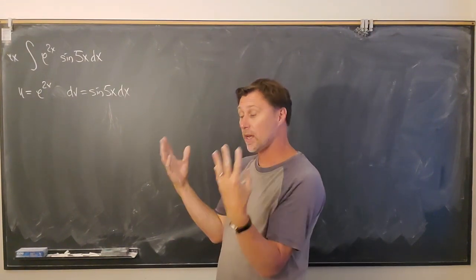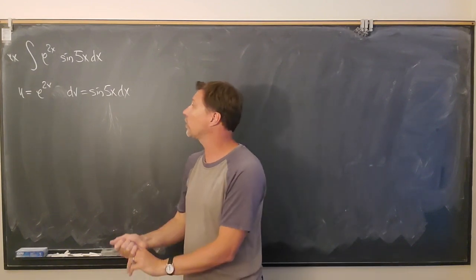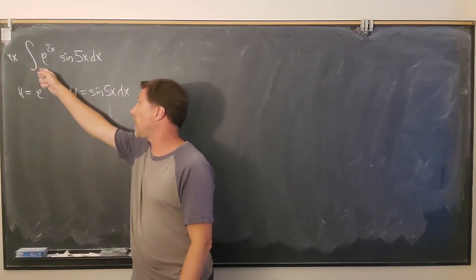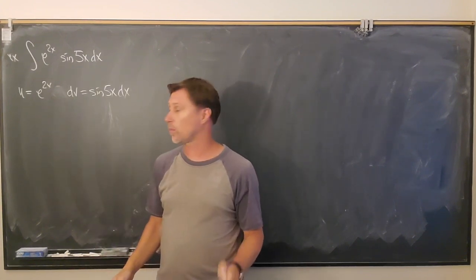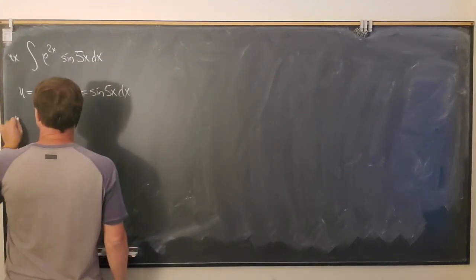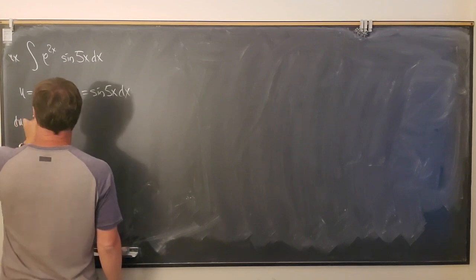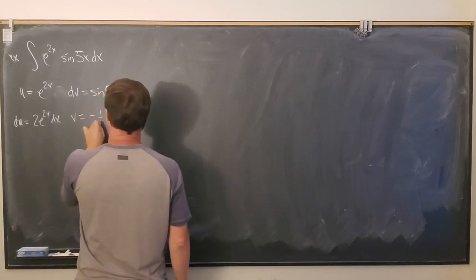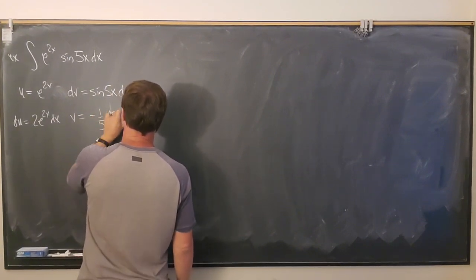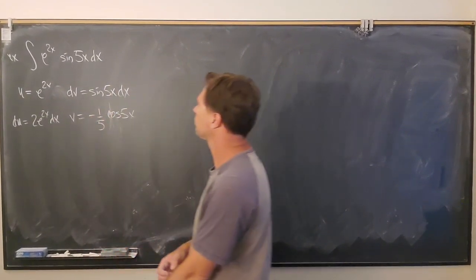So when I do integration by parts, exponential times trig, I will always choose u equal to the exponential part. du equals 2e to the 2x dx, and v equals negative 1/5 cosine 5x.